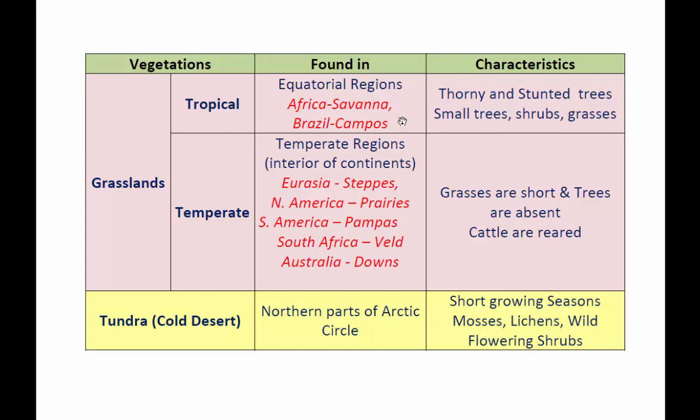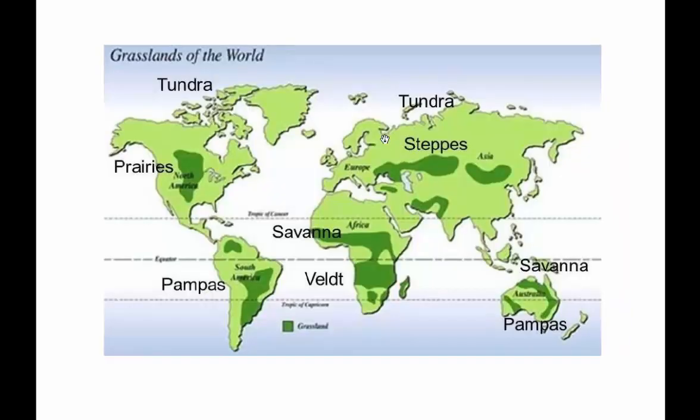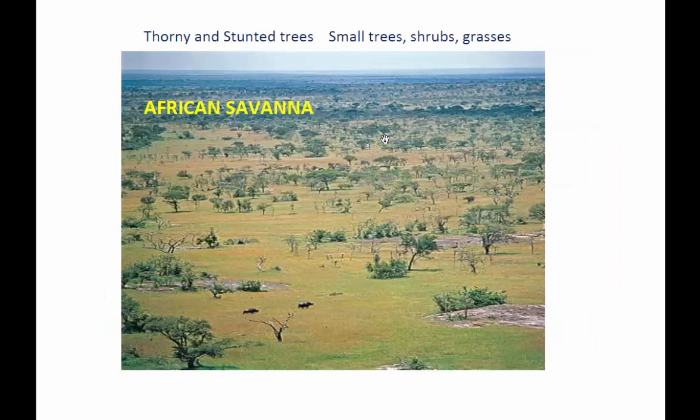And in the savanna, most of the vegetation is thorny and stunted trees, and we can see some small trees and even shrubs, and grasses abound in this area.